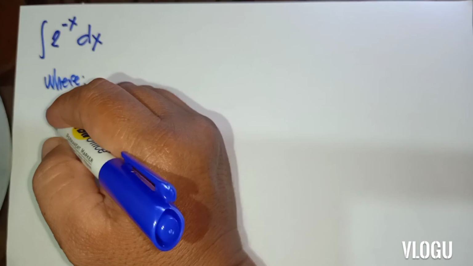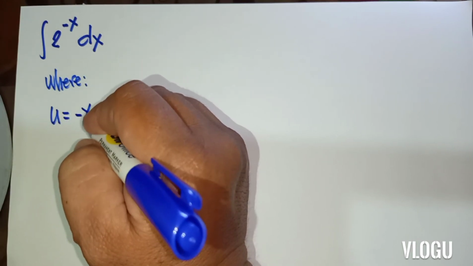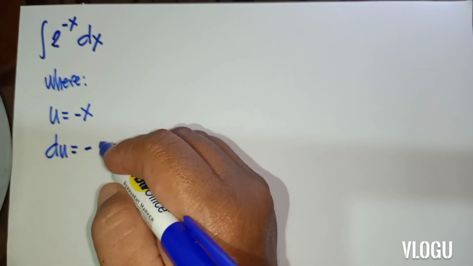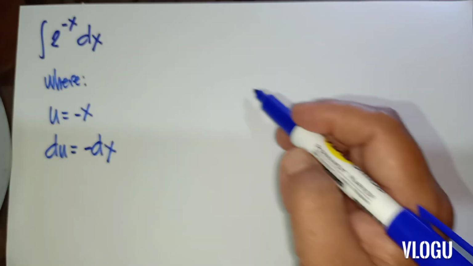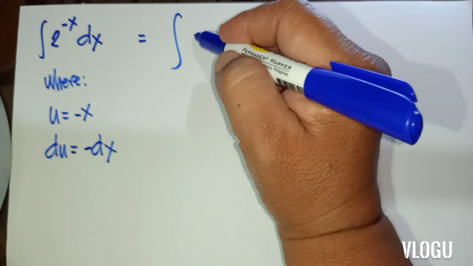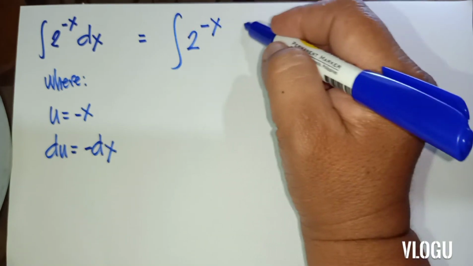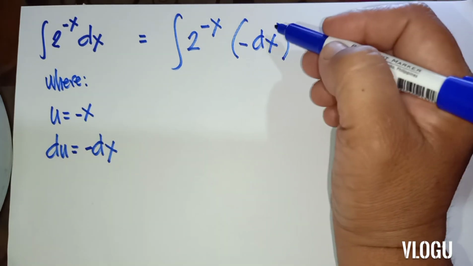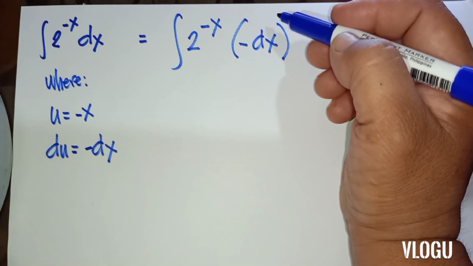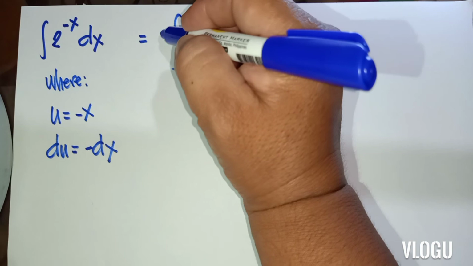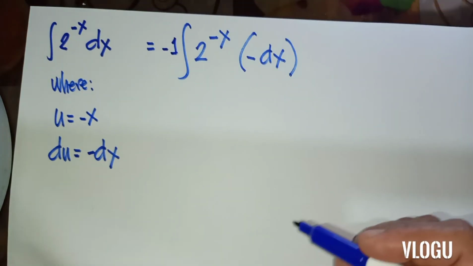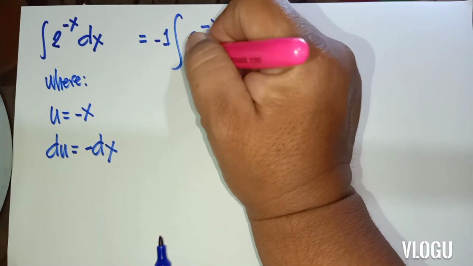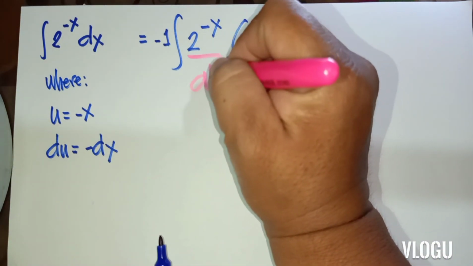Where u here is negative x, du is negative dx. So you will have 2 to the negative x, negative dx. So multiply by negative dx, so you will have negative 1. This is du, and this one is a to the u.